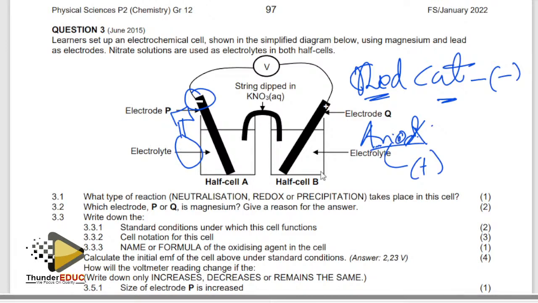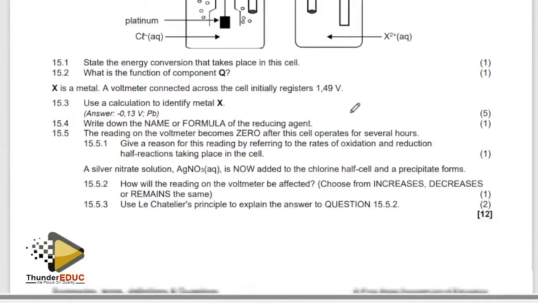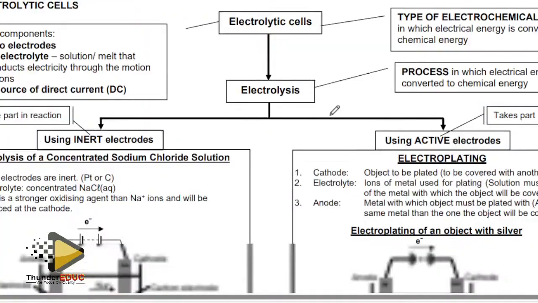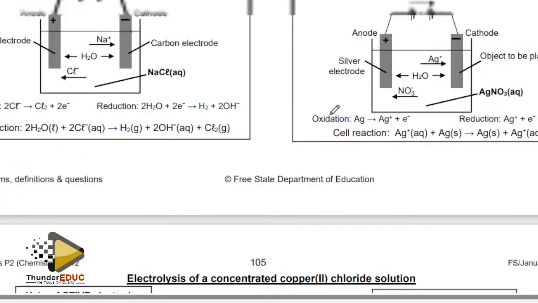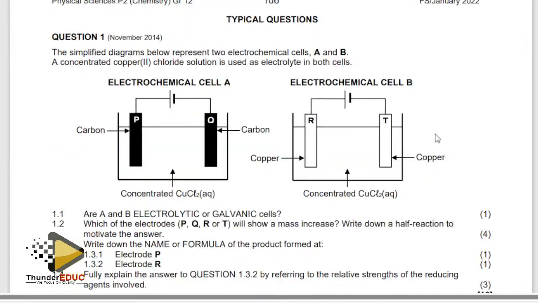But this one has a salt bridge, so it is not an electrolytic cell, it is a galvanic cell. Let me look for an electrolytic cell here so that you understand what I'm saying. Yes, something like this. What you put here, for example, this is copper, this is copper. This is positive, this is negative. What you want to electroplate goes at the cathode.